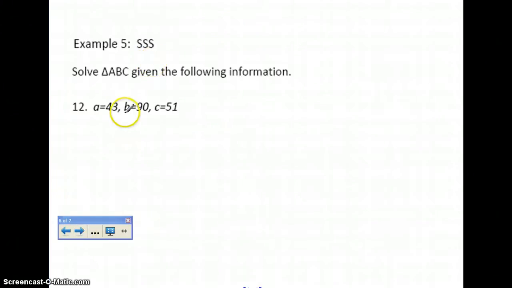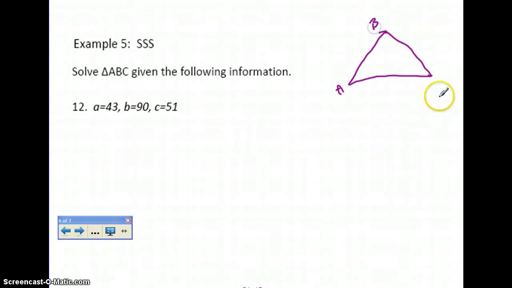Okay? So in this case, I have side A, side B, and side C. So what I'm going to do is draw a triangle, which is a really bad looking triangle, but it is a triangle nonetheless. So I got A, B, and C. This side is 43. This side is 90. And this side is 51.